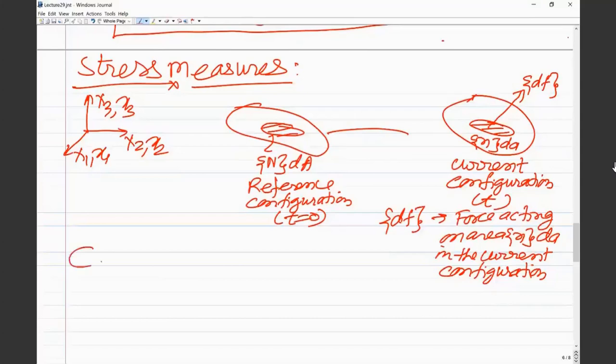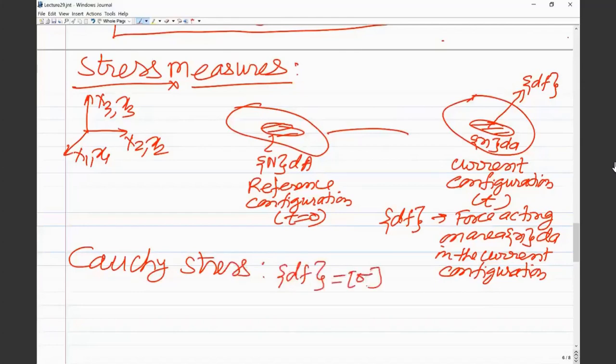So if I use Cauchy stress, I can write this vector df, that force, as the Cauchy stress tensor sigma into NDA. So the Cauchy stress is defined as force in the current configuration per unit current area. This sigma is the Cauchy stress.